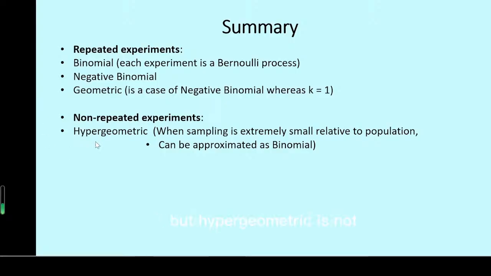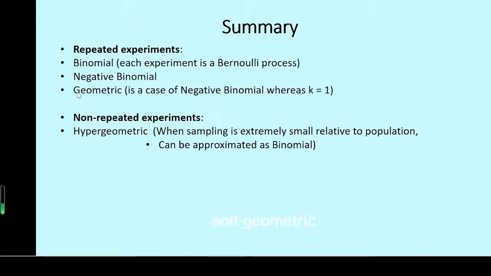But hypergeometric is not constant, and it is not a repeated experiment, right? And if the selected sample is quite small compared with the total number of items in hypergeometric, you can use binomial to approximate hypergeometric, because the binomial's form is much simpler.